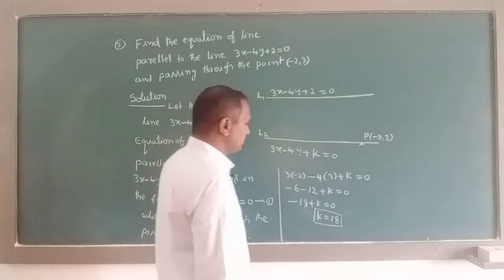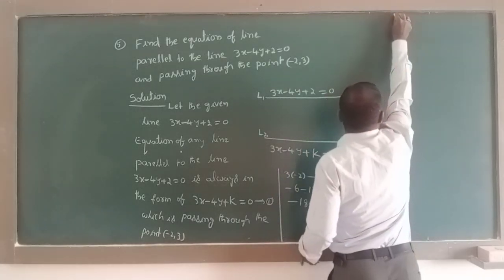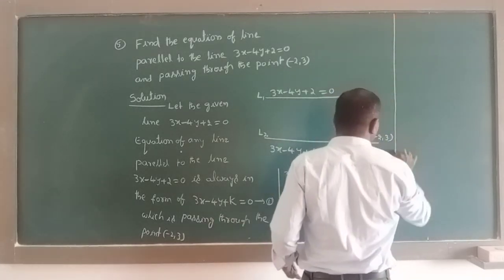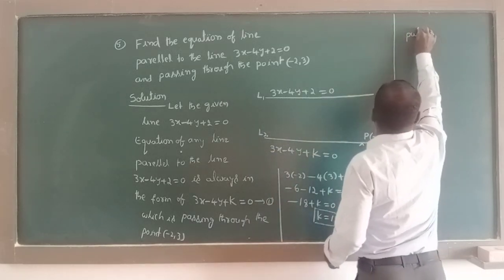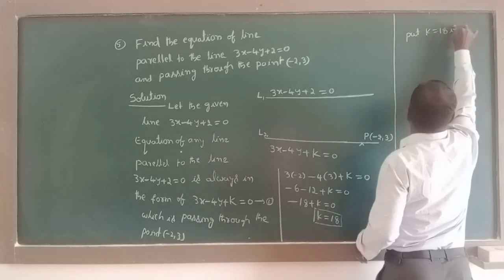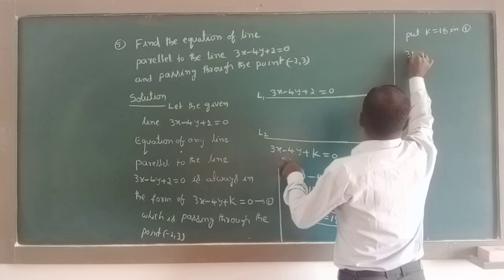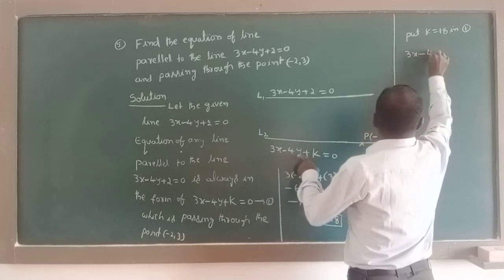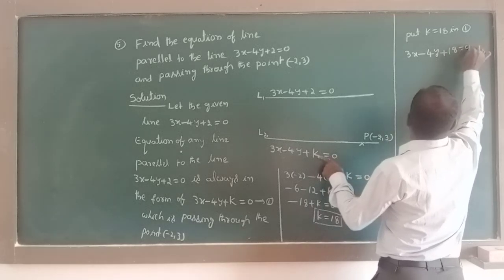Put k is equal to 18 in equation 1. We can write the required equation: 3x minus 4y plus 18 is equal to 0.